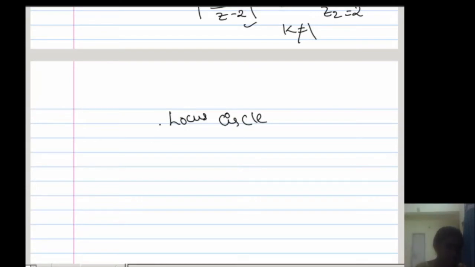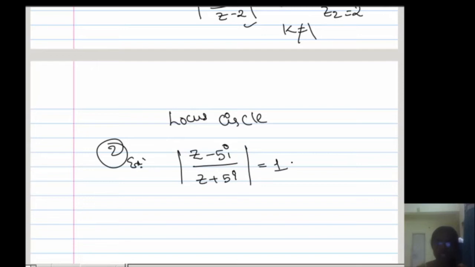So I can give one more example also. For example, mod of z minus 5i by z plus 5i is equal to 1. Now tell me, this represents the form of z minus z1 by z minus z2.